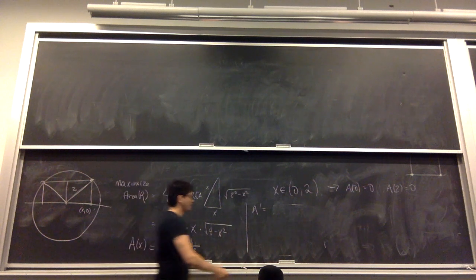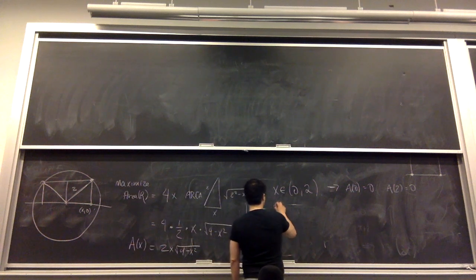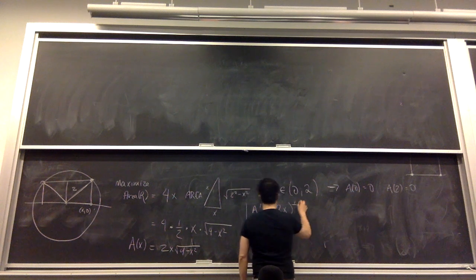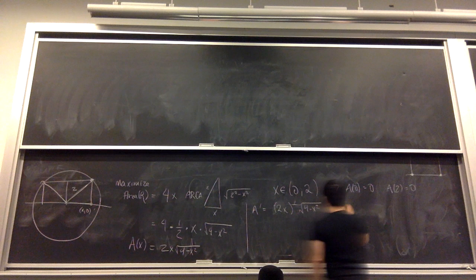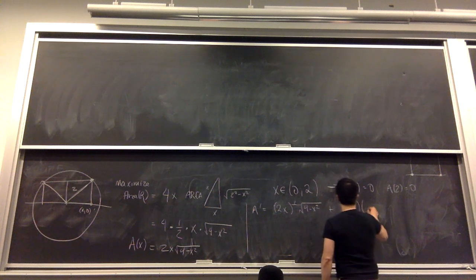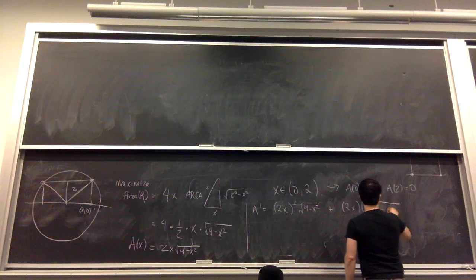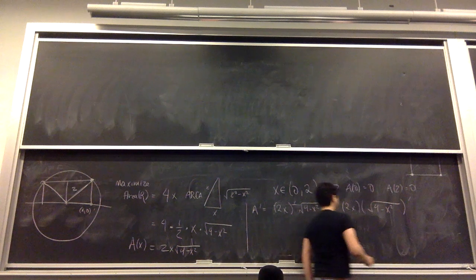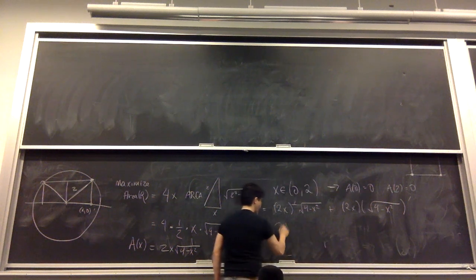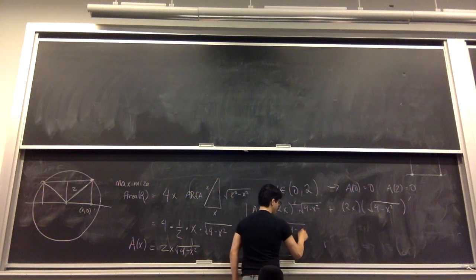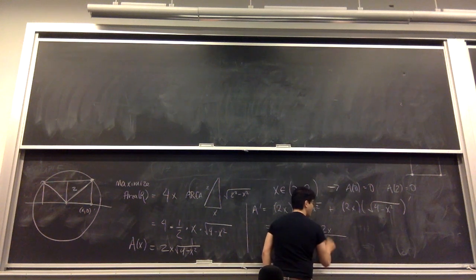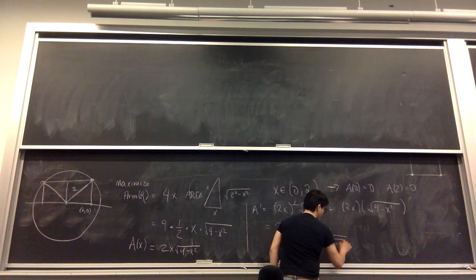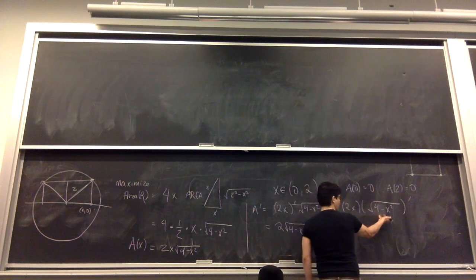So let's try again. Okay, so I need to do this, right? The derivative of the first times the second plus the first times the derivative of the second. So this is going to be 2 times the square root of 4 minus x squared. And then you're going to get 2x, and the derivative of this, that's a half over the square root of 4 minus x squared. But I totally forgot about chain rule, right?